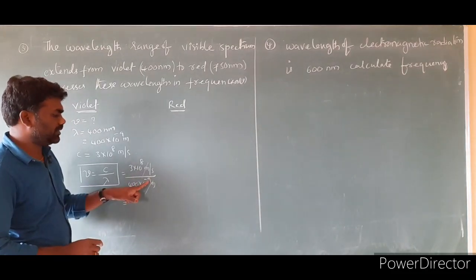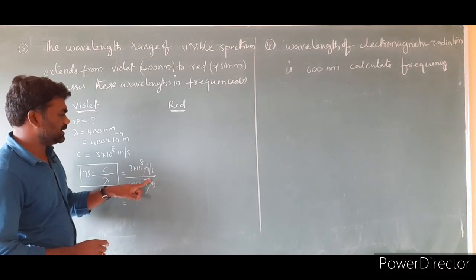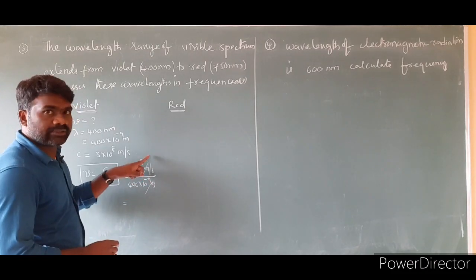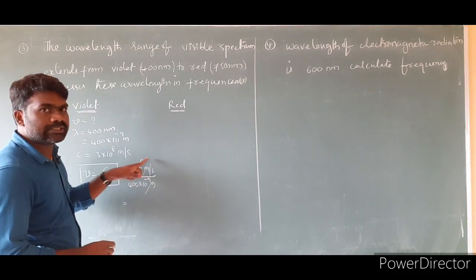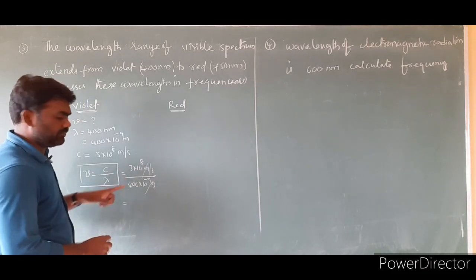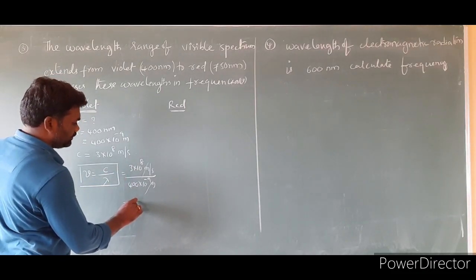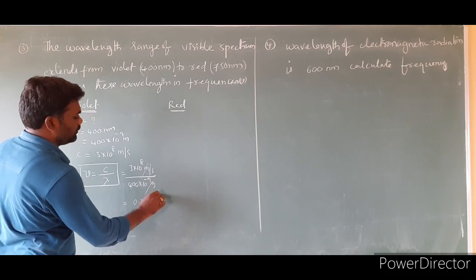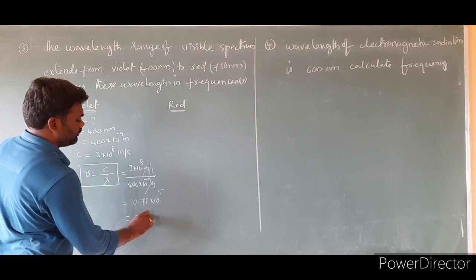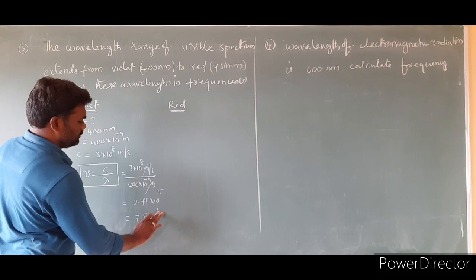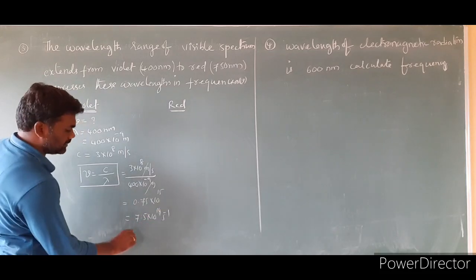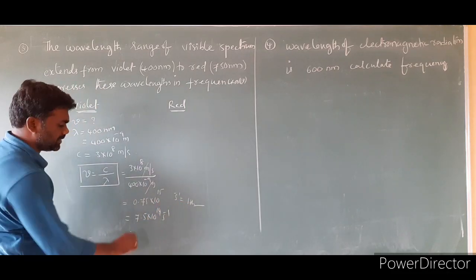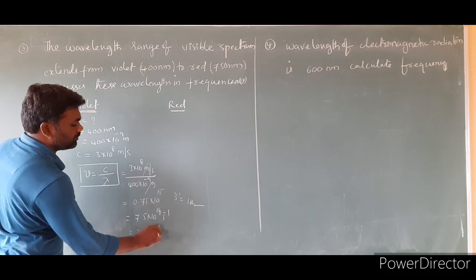We will get 4 into 10 power minus 7. 10 power minus 7 transposed to the numerator, plus 7 plus 8, so total is 10 power 15. 3 by 4 into 10 power 15. 3 by 4 we take as 0.75 into 10 to the power of 15, that is equal to 7.5 into 10 to the power of 14 second inverse. 1 second inverse we can take as 1 hertz, so in hertz also we can represent it: 7.5 into 10 power 14 hertz.